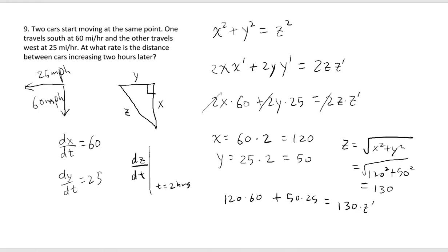And if you solve this for z prime, the answer is going to be something like 845 over 13, which ends up being 65 miles per hour.